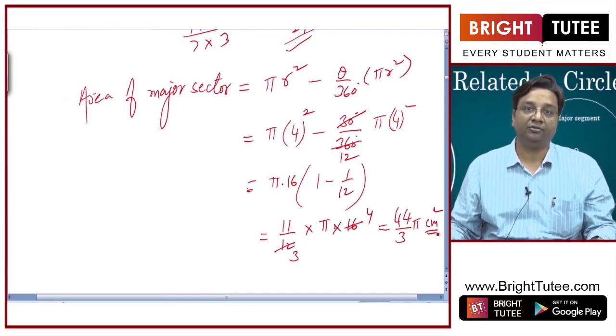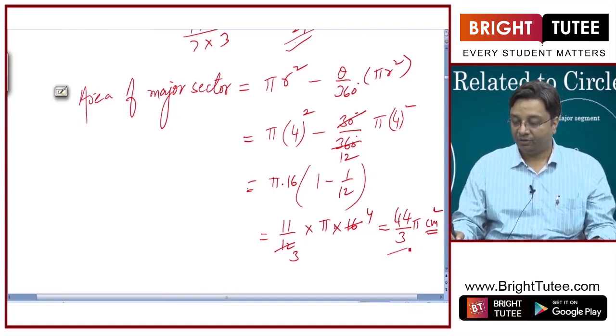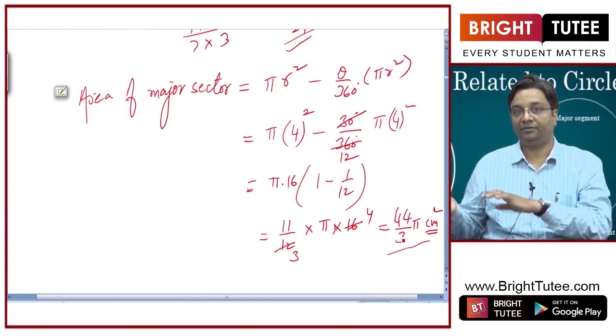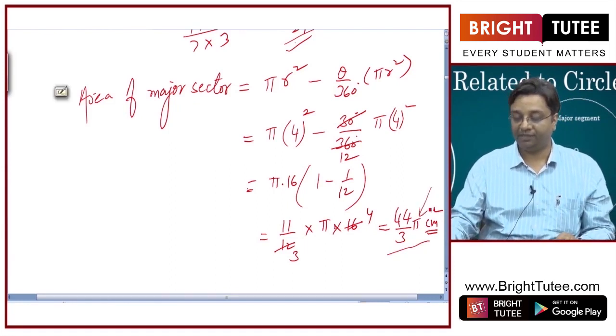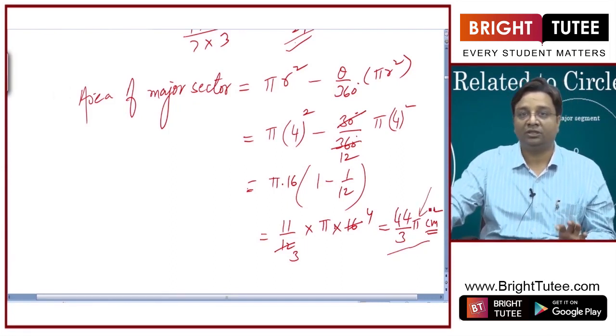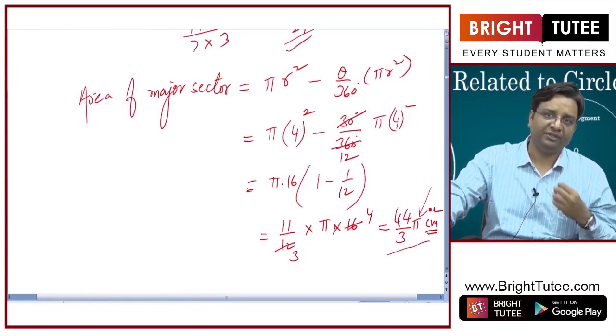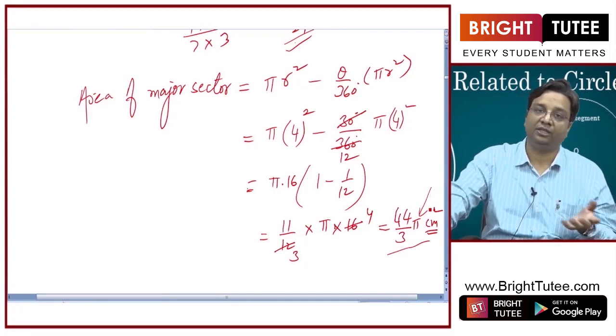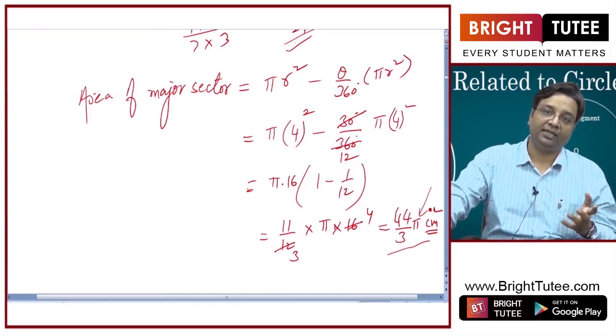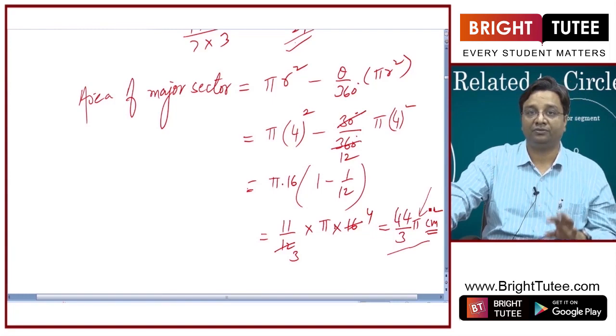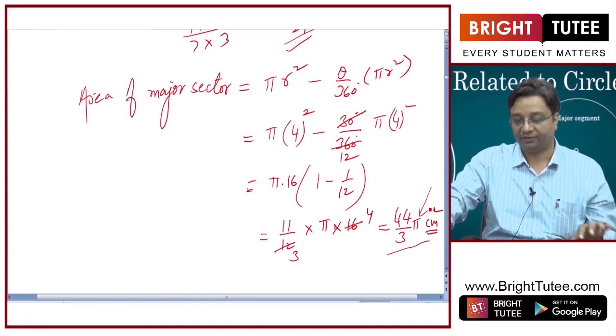So this is the area of the major sector, right? I am not calculating it in decimal form. You can replace pi by 22 by 7 or 3.14 as per the instructions given in the question. If the instructions are not given, you are anyway calculating the approximate value. You can take 22 by 7 or 3.14 as per your comfort, right?